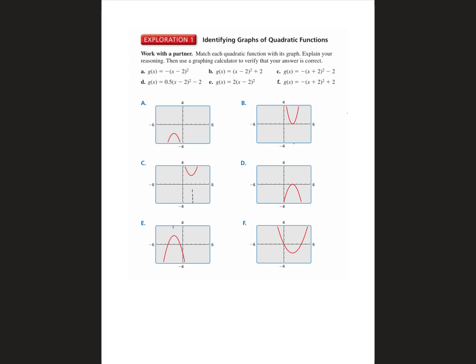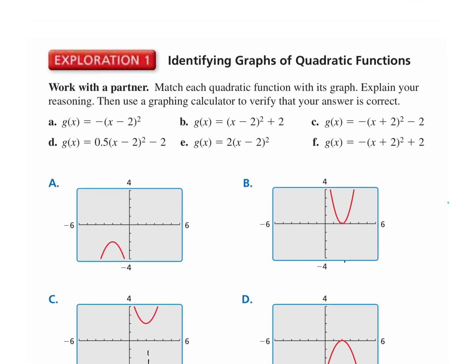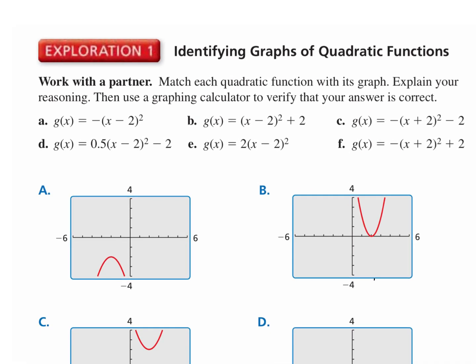In exploration 1, we're going to be identifying graphs of quadratic functions. Here we just want to match each graph with the function and explain the reasoning. Since they're all in vertex form, we can just identify the vertex.